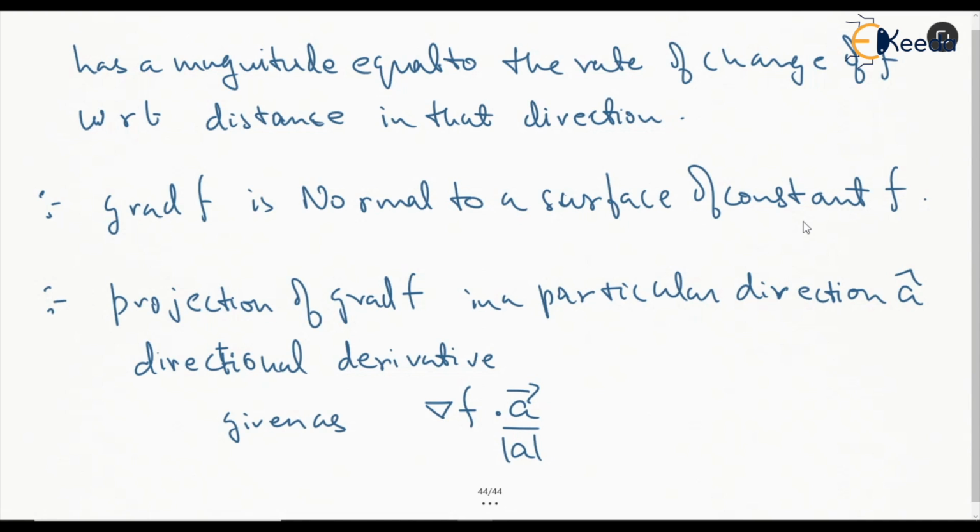And if you want to know the projection in some particular direction, let's say a cap, so this a cap is going to be a unit vector in the direction of a, which is given by vector a divided by the magnitude. So we'll do the dot product of gradient with that unit vector a to get the directional derivative, right?